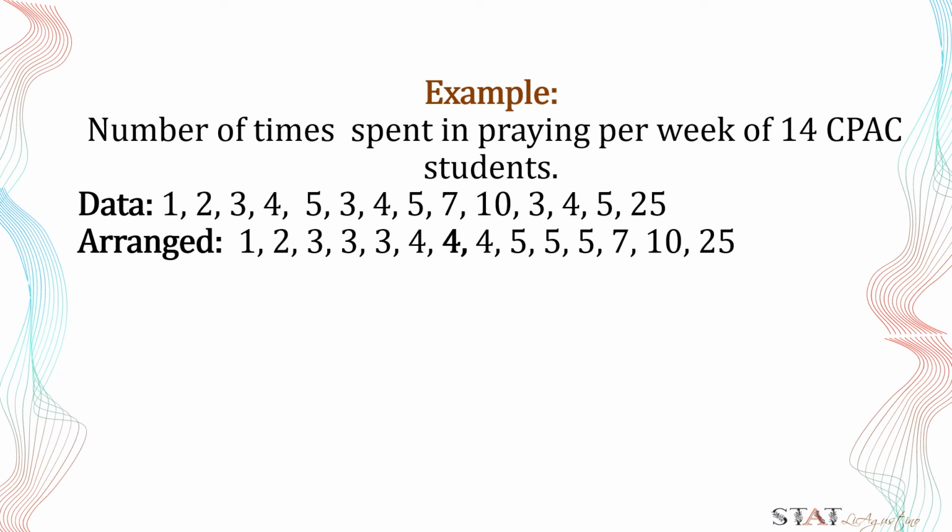For example, the number of times spent praying per week of 14 CPAC students. I have the data here. One person prays just once per week, some twice, some thrice, and some 4, then 5, 3, 4, 5, 7, 10, 3, 4, 5, or 25 times.